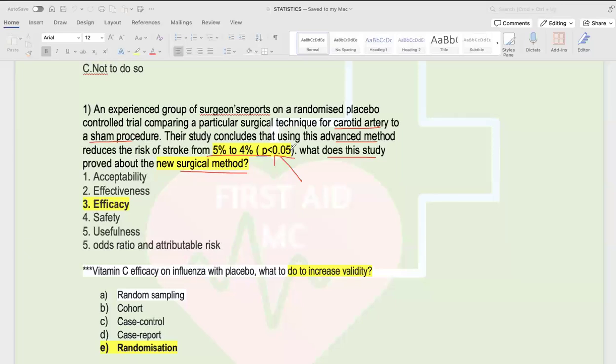It means that the new surgical method is effective, or it has high efficacy. Now you can see that both effectiveness and efficacy are in the options. I think it is wrong because these are the same thing. And you can see there are 6 options in here. So it is most likely something wrong that we got from the recaller, but it's the same thing. So when a study finds that it satisfies the p-value, it means it is effective or it has high efficacy.